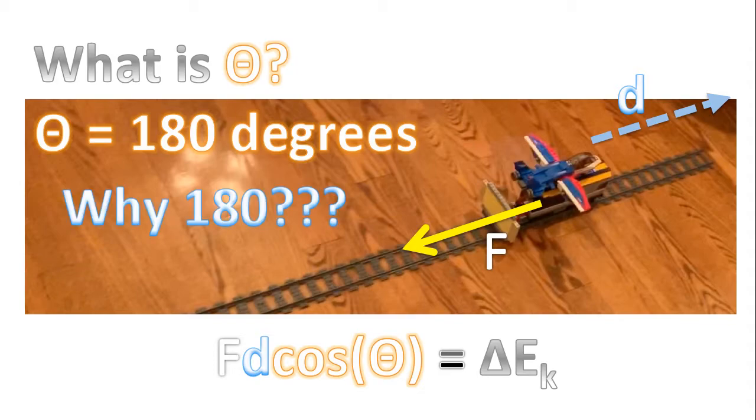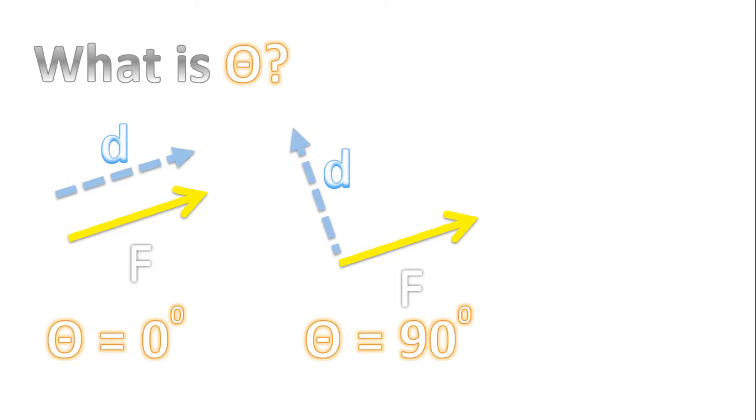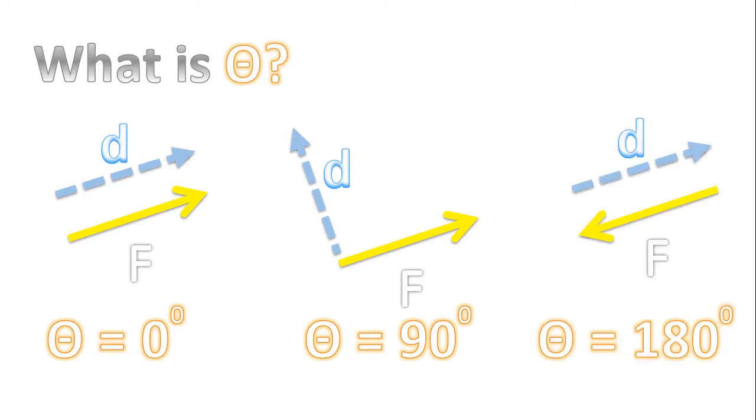Why 180 degrees? Well, if the two vectors, the force and displacement, are pointing in the same direction, theta is 0 degrees. When the force vector is perpendicular to the displacement vector, theta is 90 degrees. And finally, in this situation, as you can see, the force vector is in one direction, the displacement vector is in the opposite direction.